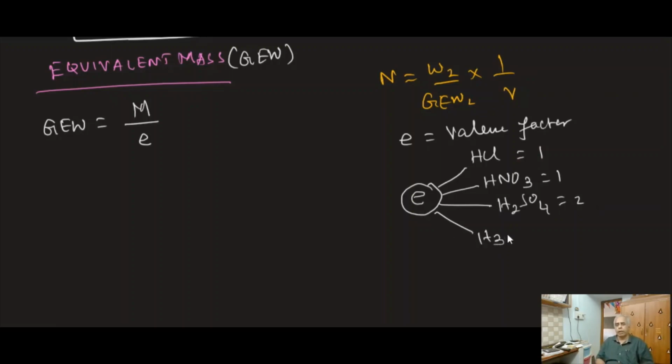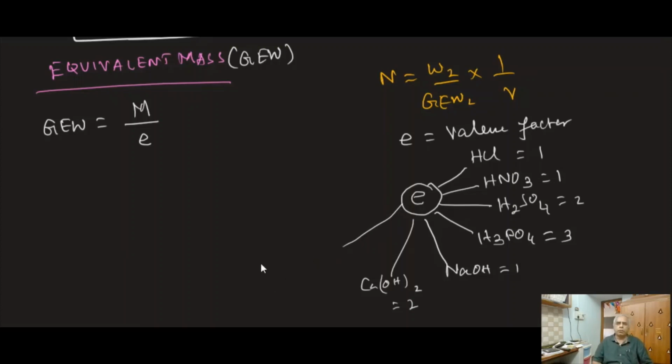It's a monobasic acid. Nitric acid is also monobasic, its basicity is 1. For phosphoric acid it is 3, for sulfuric acid it is 2. For sodium hydroxide it's 1 because there is one hydroxyl ion. Similarly, calcium hydroxide is 2 because it has 2 hydroxyl units.